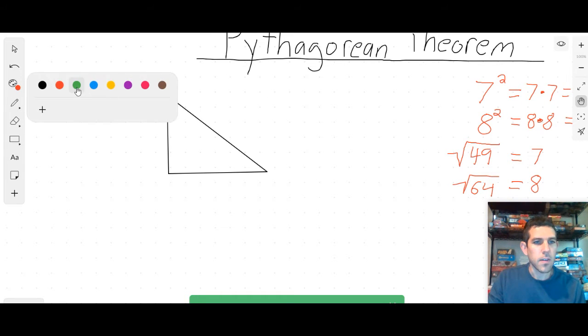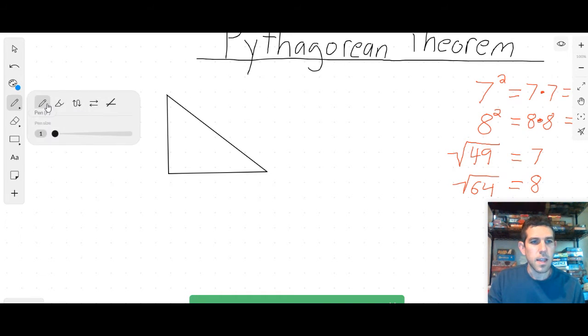All right, so the Pythagorean theorem tells us that any right triangle, now this only works for triangles that have a 90-degree angle. Usually they put this little square here that means 90 degrees.